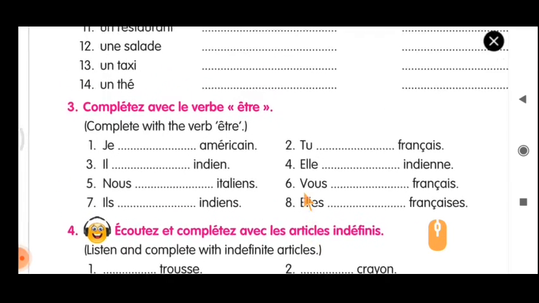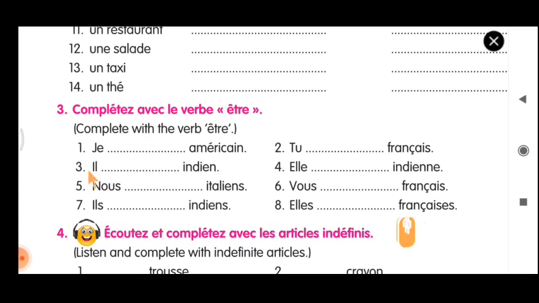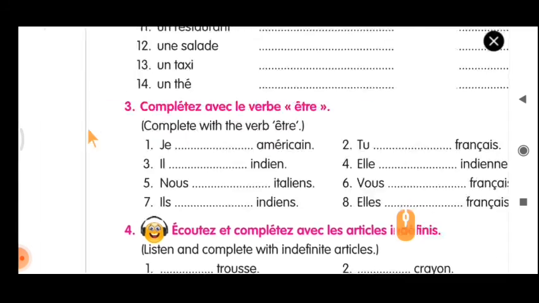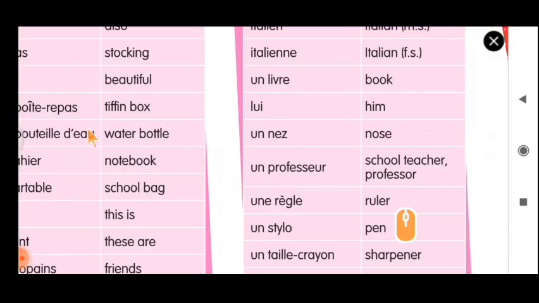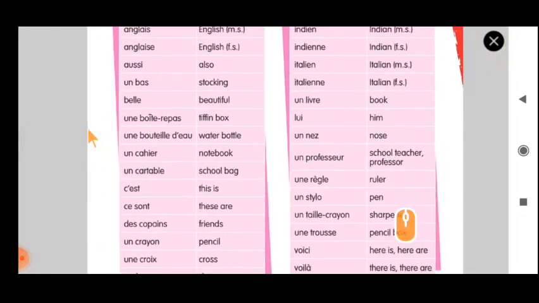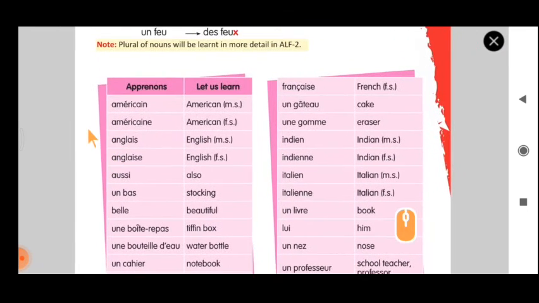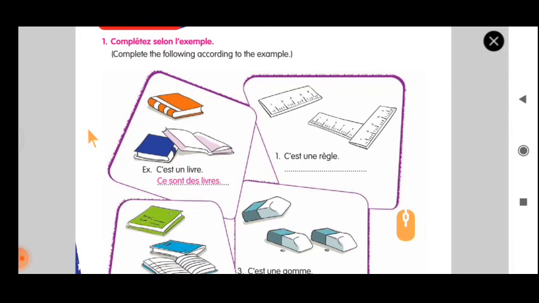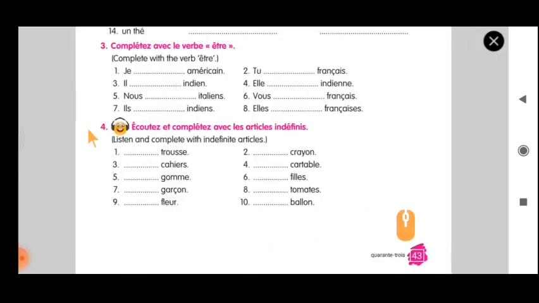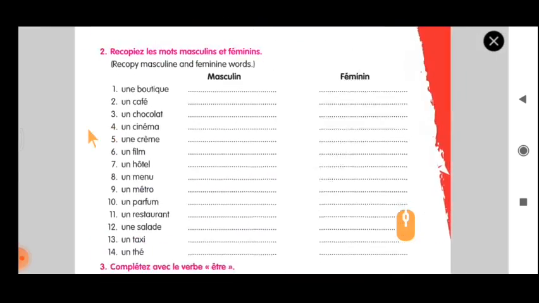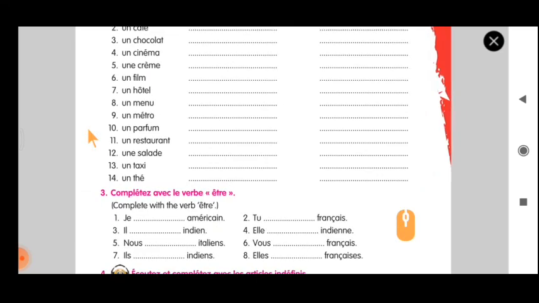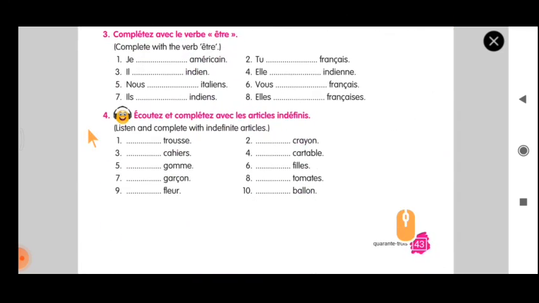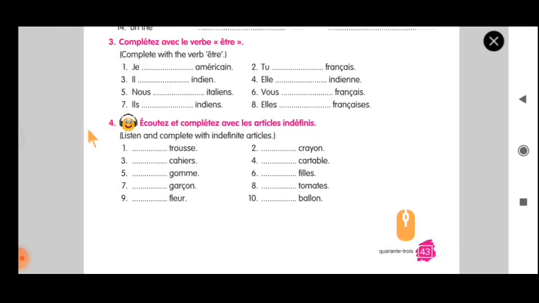So we are done with this exercise, and the same exercise I will ask for the online test, exercise number 3. So you try to learn this exercise, and we will use this exercise hereafter. We will learn these verbs often. So from this lesson we have finished vocabularies, exercise number 1, exercise number 2, and today we have finished exercise number 3. So in the next live class we will see the upcoming exercise, whatever it is.